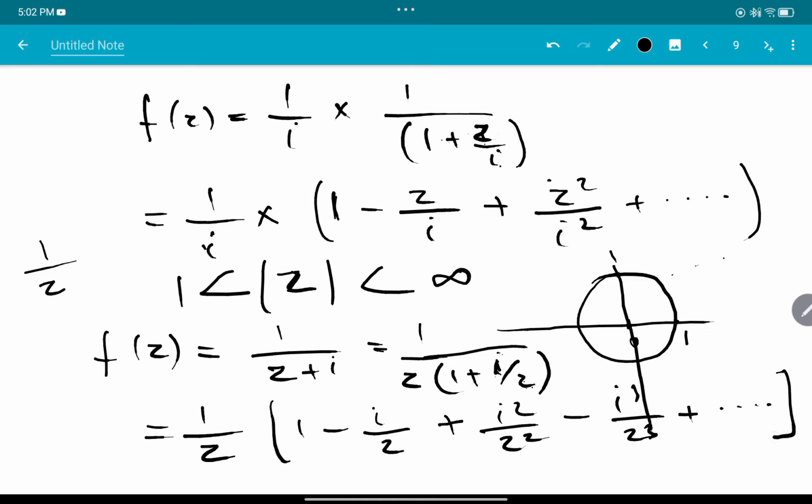The important thing you need to know is that look at this series, while that Taylor series had positive powers of z, this Laurent series has negative powers of z.